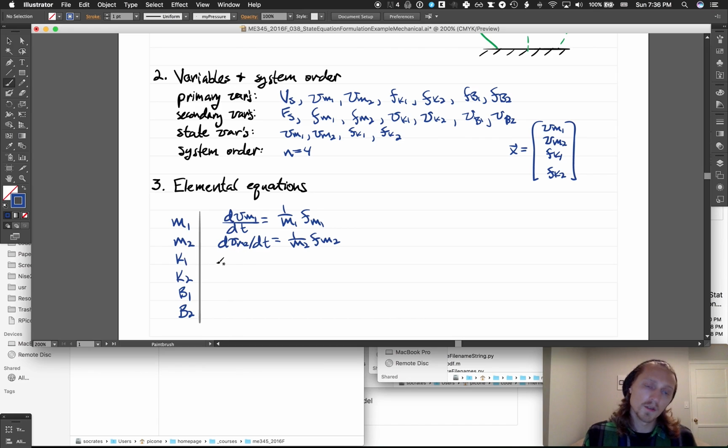And for spring elements, it's Hooke's law, the time derivative of Hooke's law.